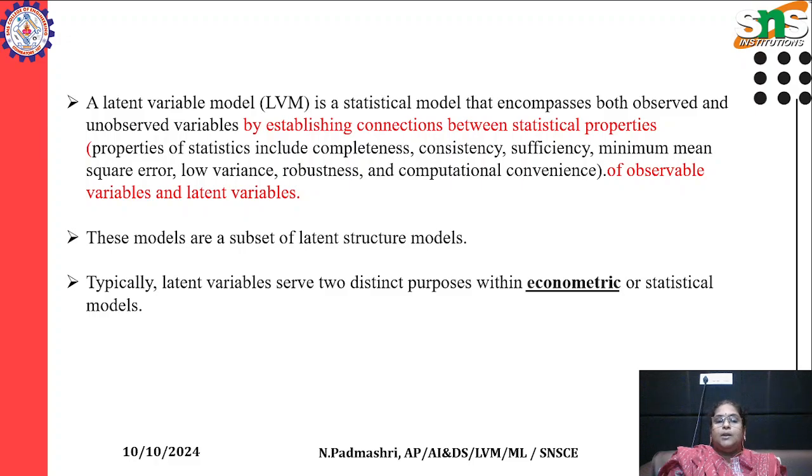It is a statistical model that comprises both observed and unobserved variables by establishing the connection between their statistical properties. The properties include completeness, consistency, sufficiency, minimum mean square, low variance, robustness, etc., of the observable variables and the latent variable. These models are a subset of latent structure models, and latent variables serve two distinct purposes in econometric or statistical models.